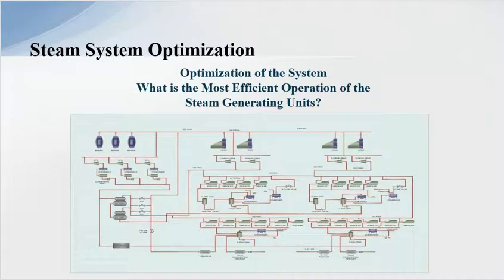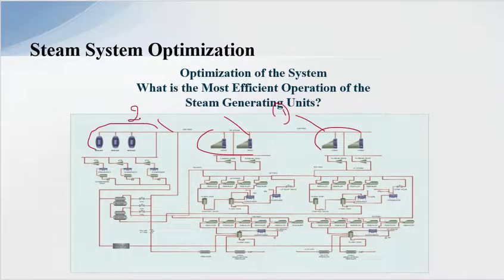The other thing is optimization. What is the most efficient operation of the steam generating units? If I have several generating units here, and cogeneration here and cogeneration here, what are the most efficient units that I should be operating? Number one, maybe here.